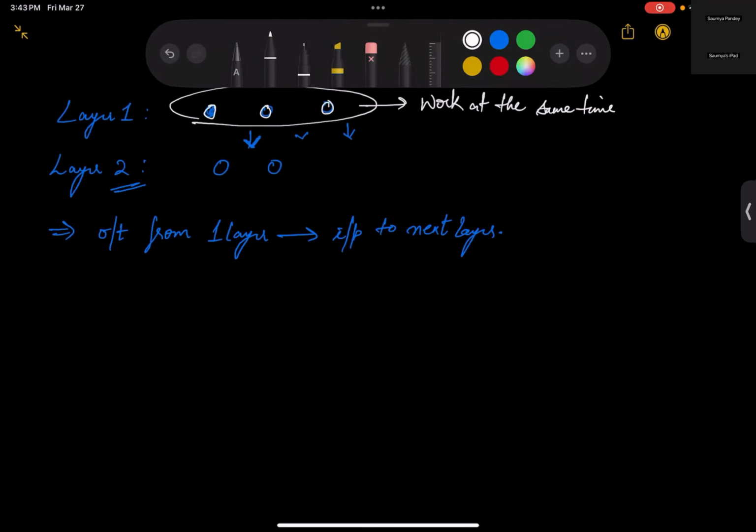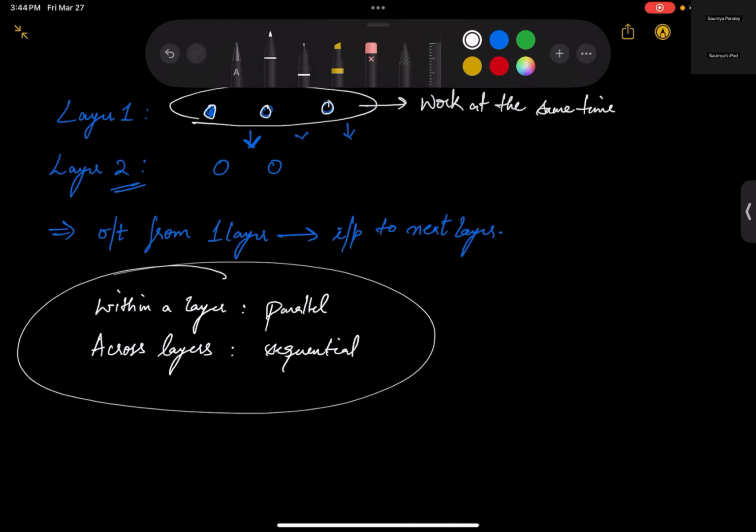So what we can say is, within a layer, it's parallel, and across layers, it is sequential, right? So neural networks don't become powerful because they are deep. They become powerful because they are non-linear.